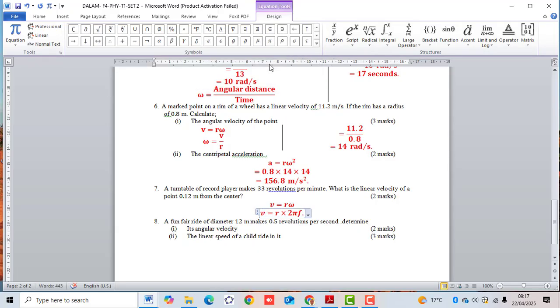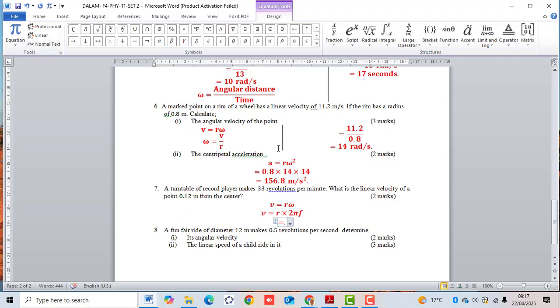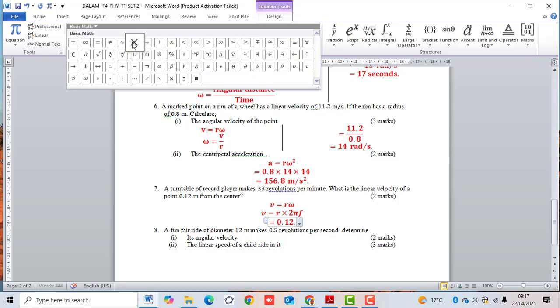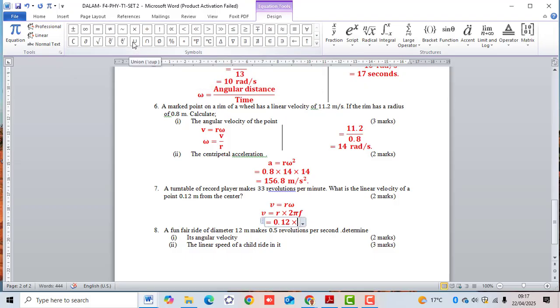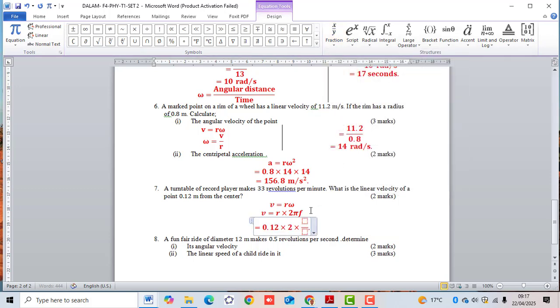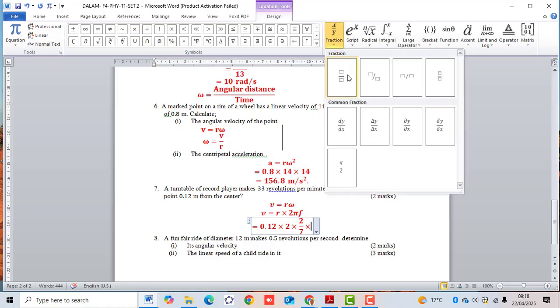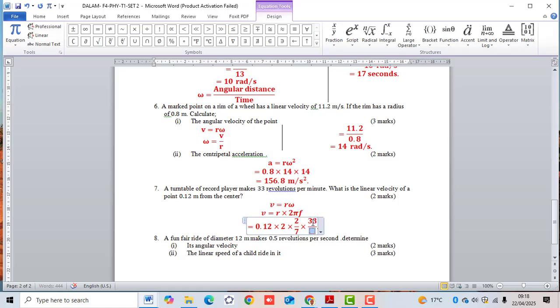Now I can substitute, where my radius is 0.12. Make sure that the radius is in meters. If an examiner decides to give you centimeters, convert into meters. Then multiply by 2, multiply by pi, which is 22/7. Then multiply by frequency f, which will be 33/60. I'm dividing by 60 because of this per minute.